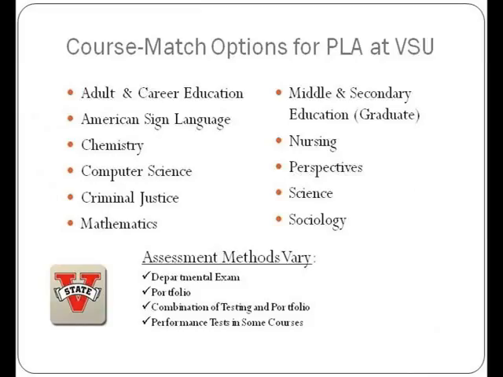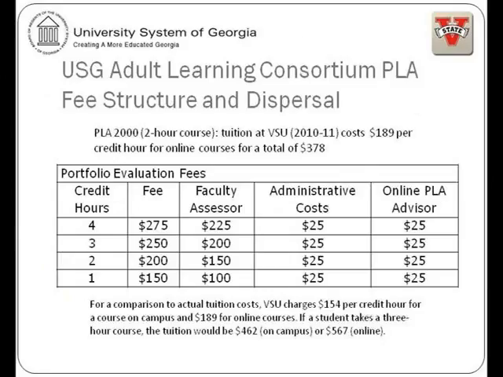You might also remember that I outlined last time that we have a course match arrangement for PLA at Valdosta State, so the subject areas are here, and I mentioned the various methods of assessment that we use, and I think that'll kind of give you a lead into what we're going to talk about in a few minutes with some of the specific examples that we have.